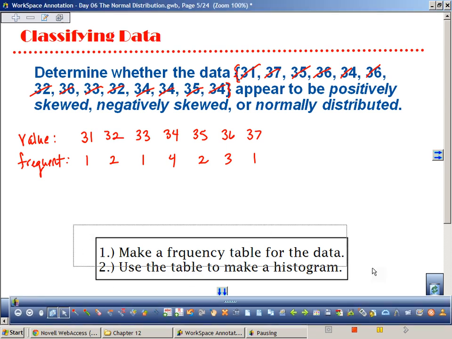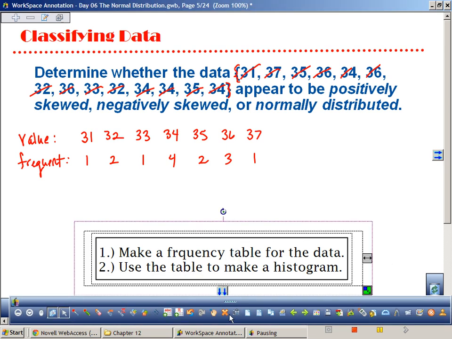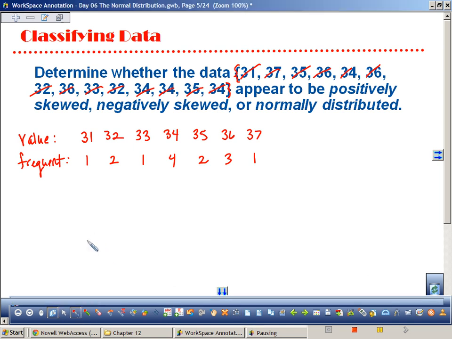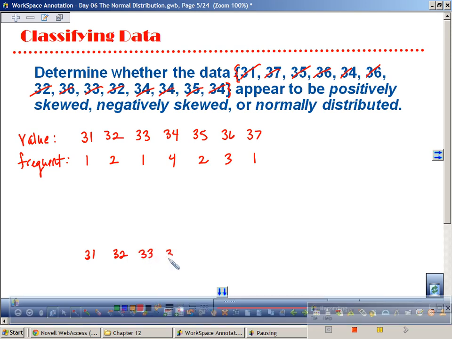Okay, so if I were going to make a table, use the table to make a histogram. So 31, 32, 33, 34, 35, 36, 37, but this isn't the tedious part. 1, 2, 3, 4. I'm just making a rough sketch.